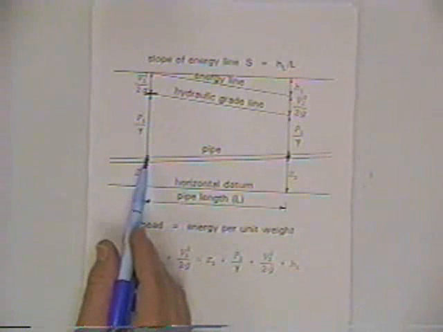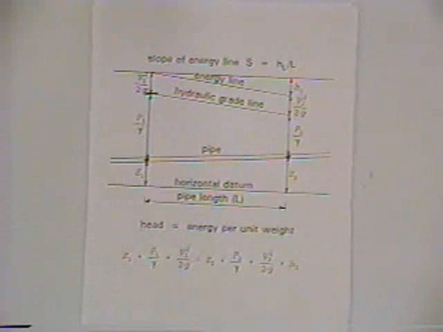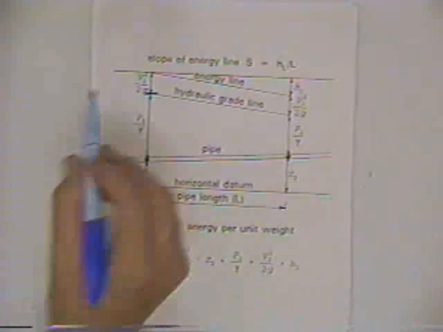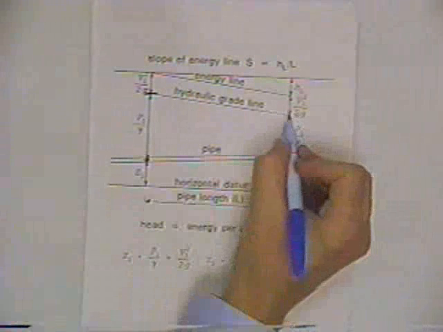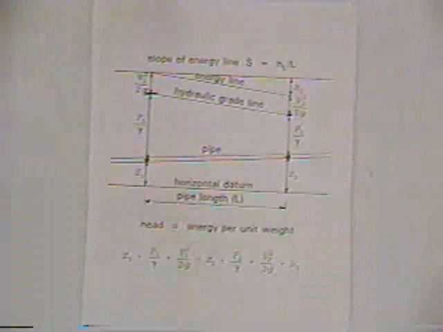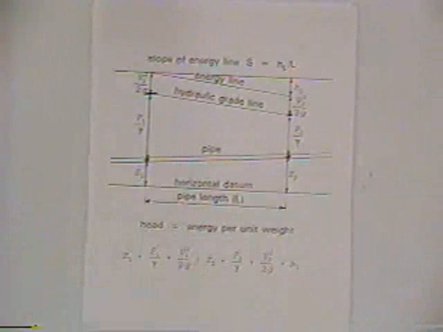You've got a confined flow situation where there's some pressure other than atmospheric pressure. So that by definition is the hydraulic grade. And of course we've got a hydraulic grade at any location. And if you connected the hydraulic grades at all the locations along a pipe or along a pressure conduit system, you get your hydraulic grade line.